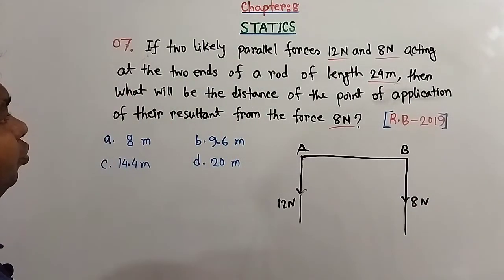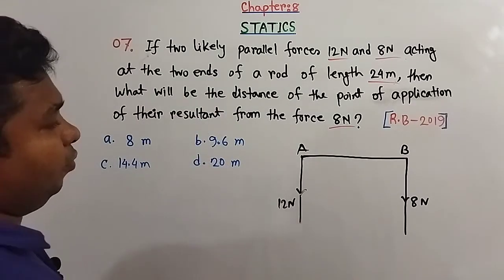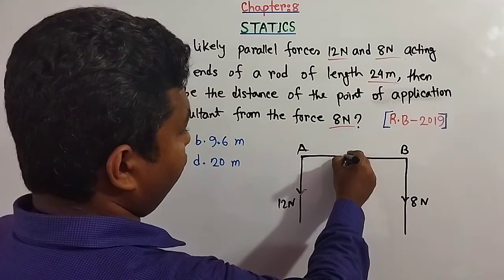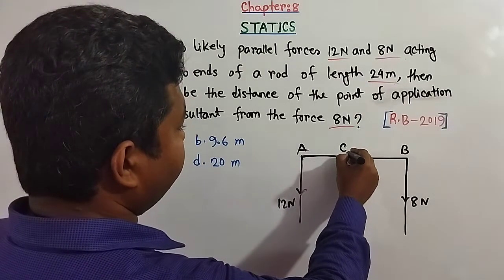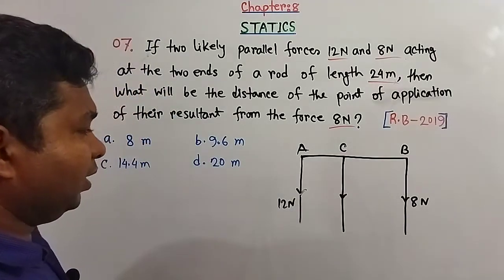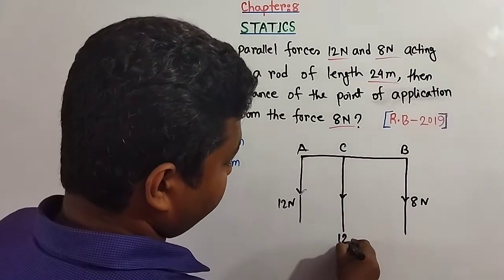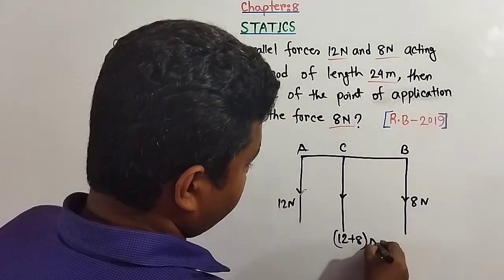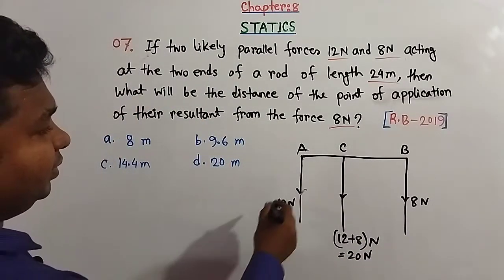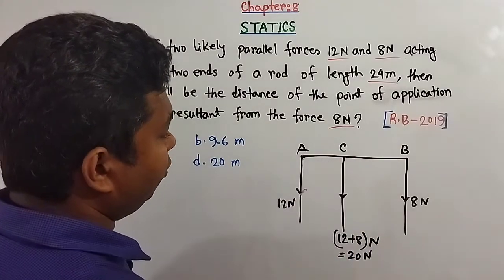Since those are two like parallel forces, the resultant force will act at point C, and the value of the resultant force must be 12 plus 8 Newton, that is 20 Newton. Here the distance AB equal to 24 meter.